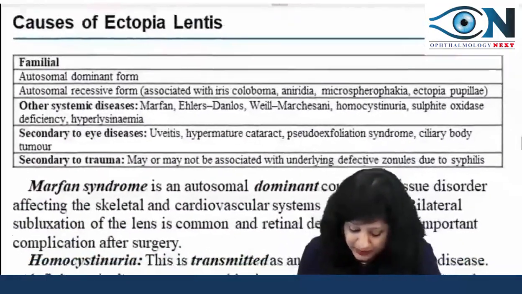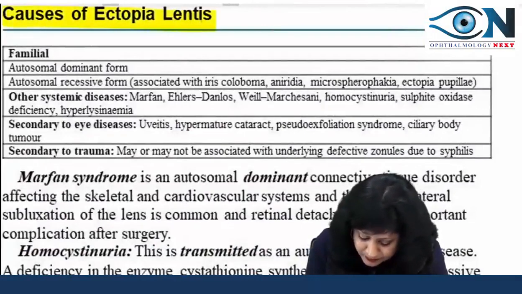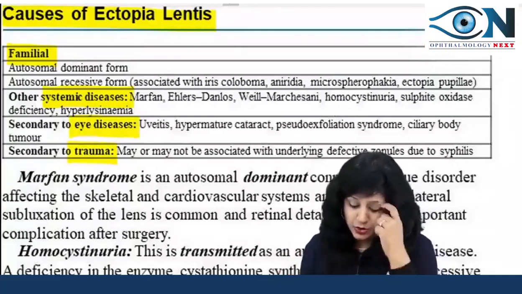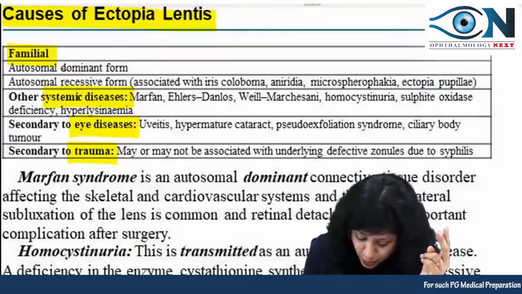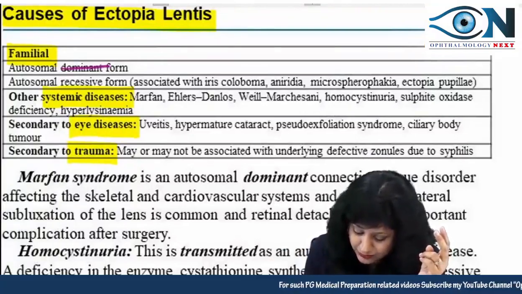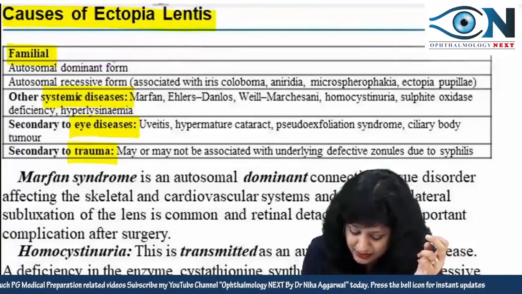Now again, an important table, we have got so many causes of the ectopia lentis here. It could be familial causes, it could be systemic causes, it can be secondary to eye diseases, or it could be trauma. So if I talk about the familial, now they have given you both. We can have the dominant pattern, and we can have the recessive pattern also.